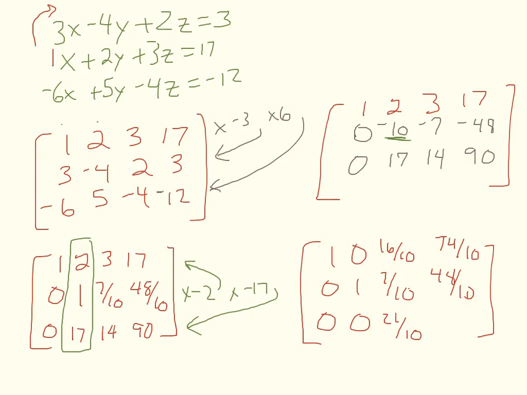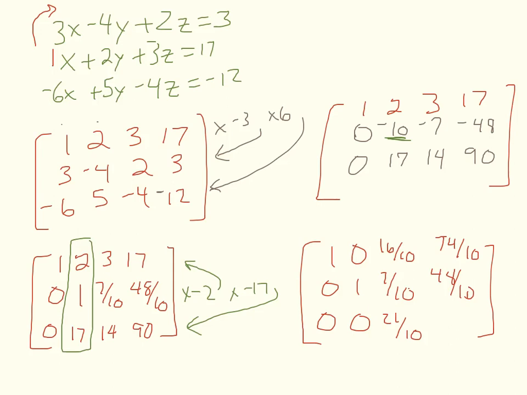So 48 times negative 17 is negative 816. And 90 times negative 17 is 1530. So if I have a negative 816 minus 1530, actually that's a negative 1530.